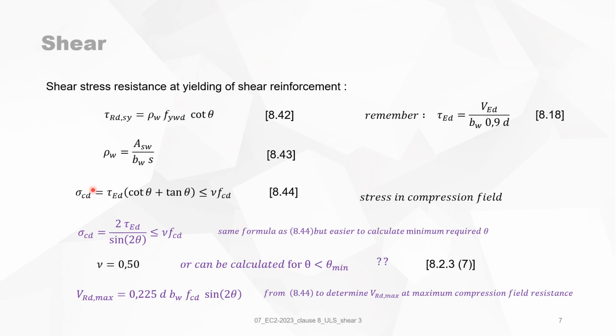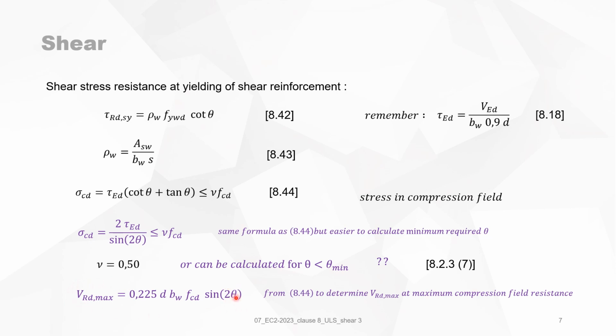So you can now use this formula 8.44, you can rework it, and make it in such a way that you can calculate directly the maximum shear force that is allowed in a section to fulfill the compression field requirements. So it's the same formula as this, and you now have this easily applicable formula to calculate the VRD max.